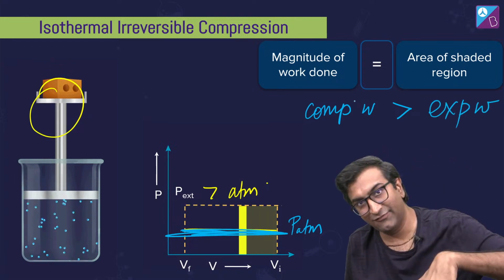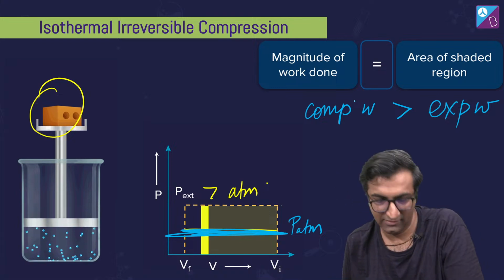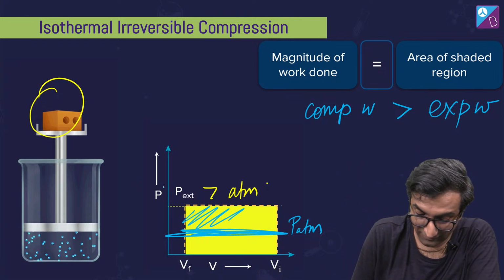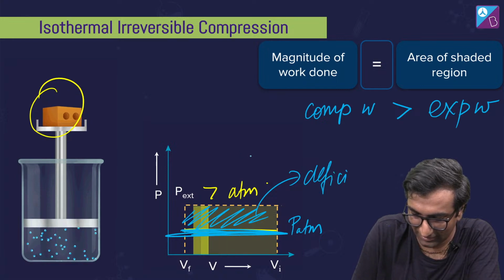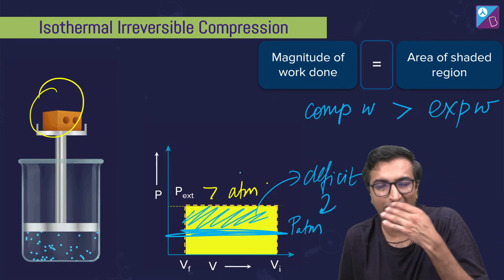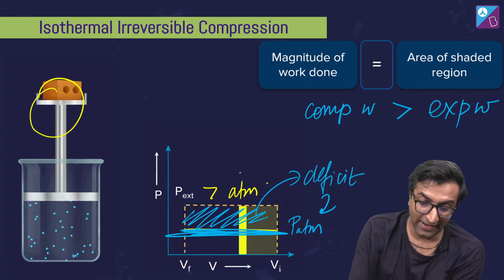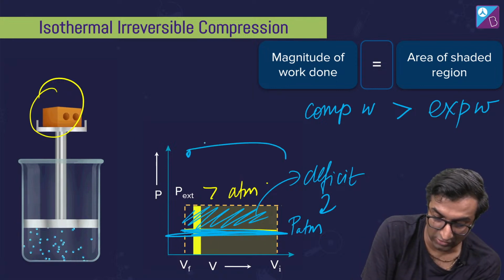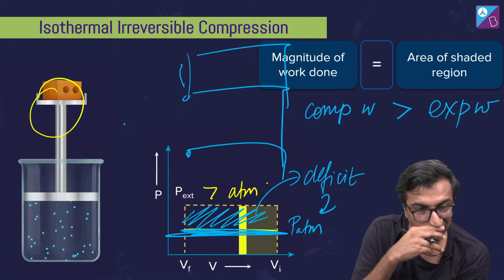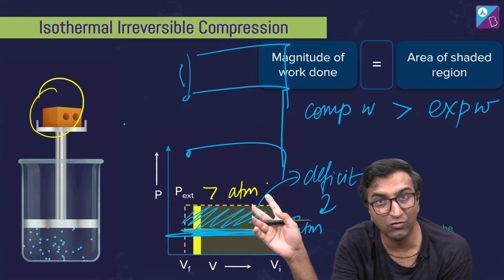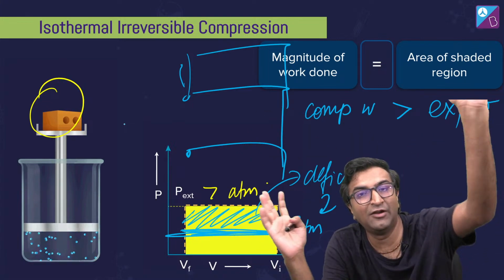So compression में ज़्यादा effort लगता है, expansion से कम work निकलता है. That's the deficit. Deficit मतलब इतना कम चाहिए होता है when you have expansion. And if I increase the pressure, say यहाँ से यहाँ तक और भी ज़्यादा काम लगेगा, यहाँ से यहाँ तक और भी ज़्यादा काम लगेगा. You see that? So between two different volumes, I can have many different ways of doing work.